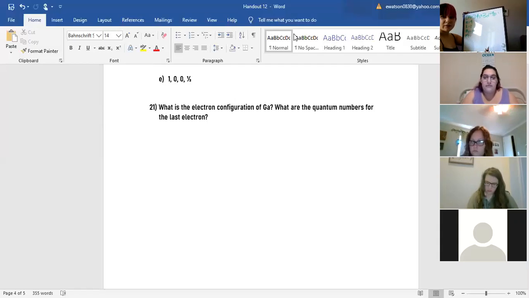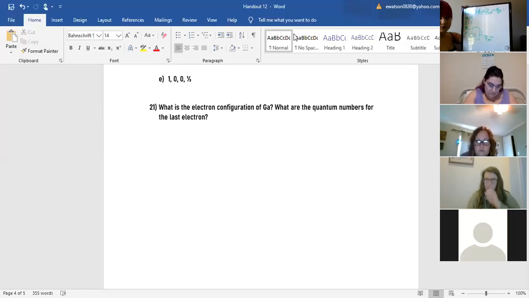Since there's no diagram, it can honestly be either, but I always draw my arrows upwards first, so I do +1/2, because where these two are going to come from is from our orbital diagram. So we're going to say this is 4p. We only have one electron. It's going to go right here. If you draw that downwards, it'll be -1/2. If you don't draw it at all, you can just choose.